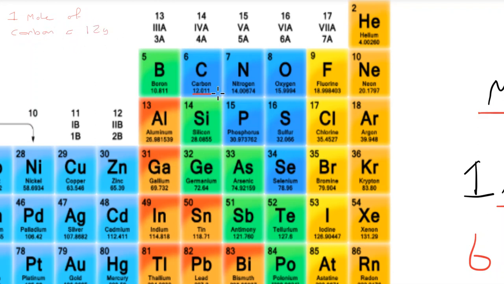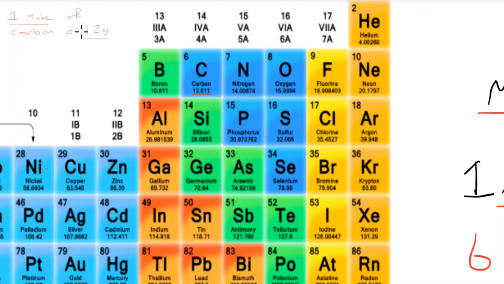So let's say I'm a chemist and I have carbon and I want to get a mole of carbon. What I can do is get a mass balance and weigh out 12 grams. Within that 12 grams of carbon, you have 1 mole of carbon.